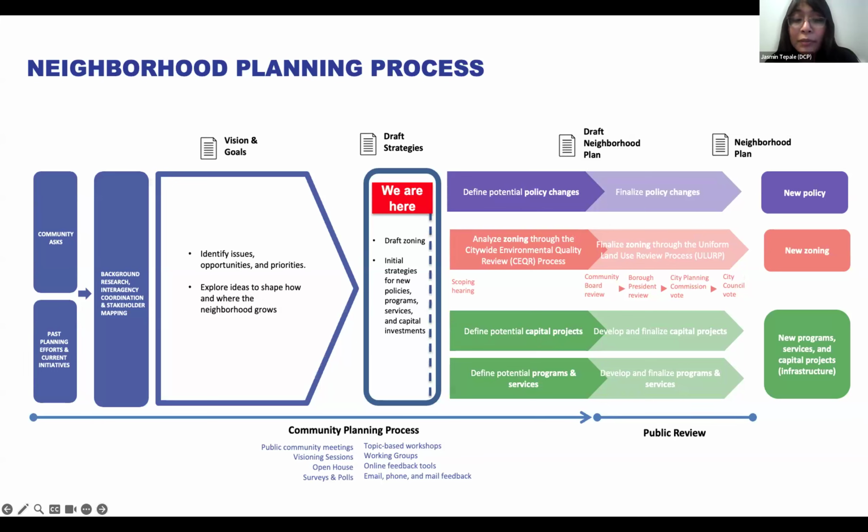If it's approved, the plan will result in new zoning, as well as new programs, new services, and capital projects. The city is required to update you on the status of these commitments on an annual basis. Next slide.